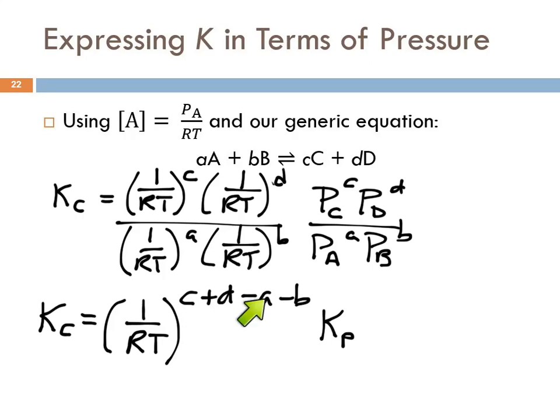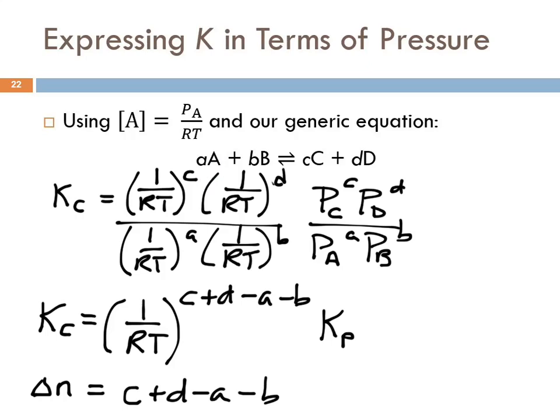So this gets a little bit awkward, and so we're going to say delta N is going to be equal to C plus D minus A minus B. So delta N is the difference between the number of moles of product and the number of moles of reactant.